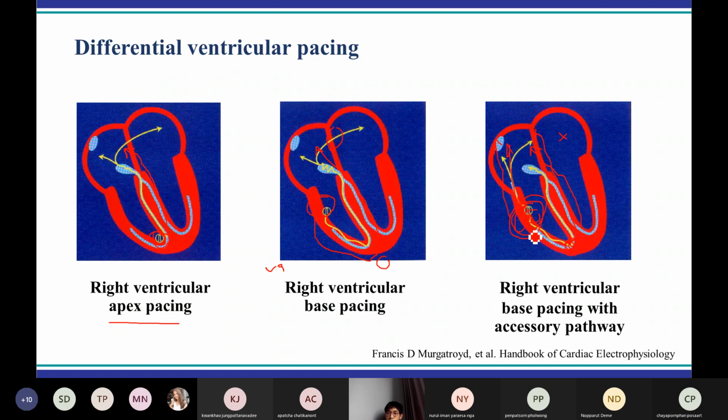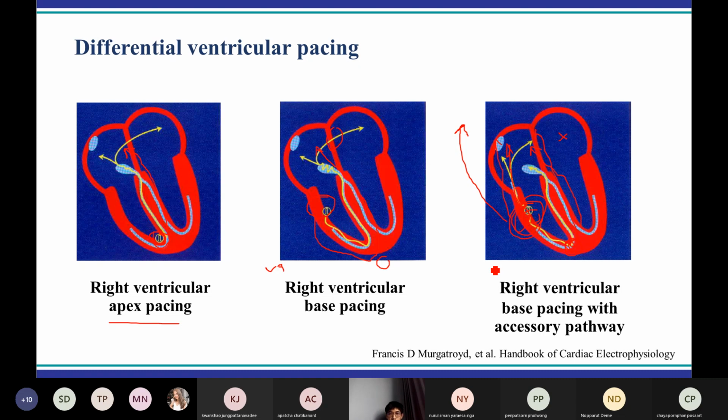Instead of going back to the apex and up to the AV node, the signal would go up directly via the accessory pathway here. So the RV base VA time would be shorter or equal to the RV apex VA time. It is the inverse compared to the patients who don't have an accessory pathway. Okay, is it clear?